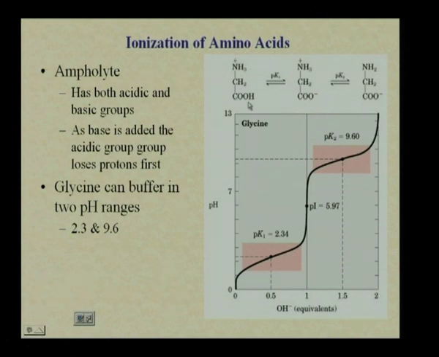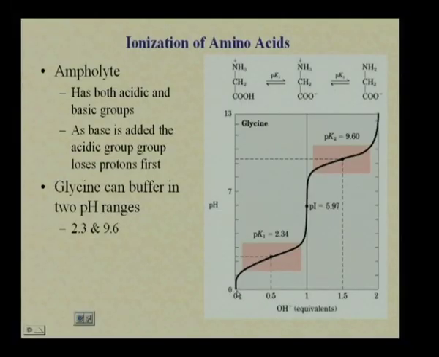All of it is protonated. So, I have COOH and NH3 plus. Is that clear? Now, what am I doing? I am abstracting H plus. How? By adding OH minus. So, if I add OH minus, I abstract protons.